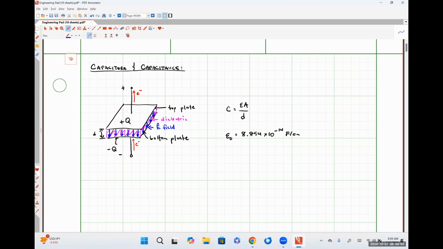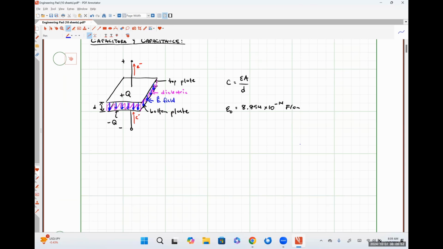Okay, so let's write some things down here. So capacitors are a form of temporary energy storage in a circuit, okay?